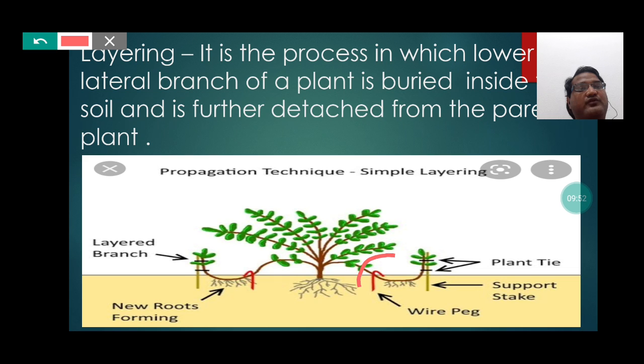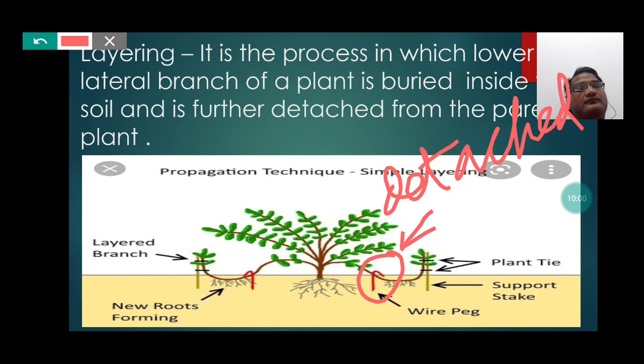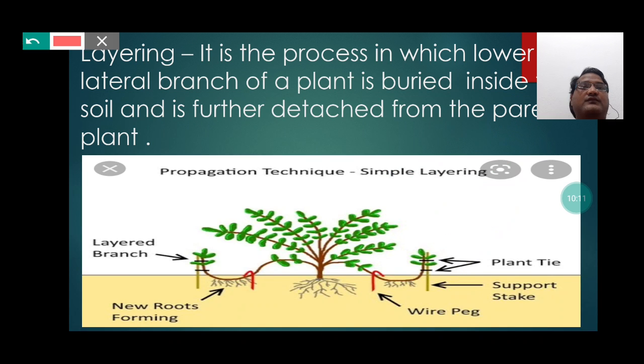So students, here you can notice that the lower lateral branch is detached from the parent plant, so that now the new plant is developed from the parent plant, and this process is called layering.